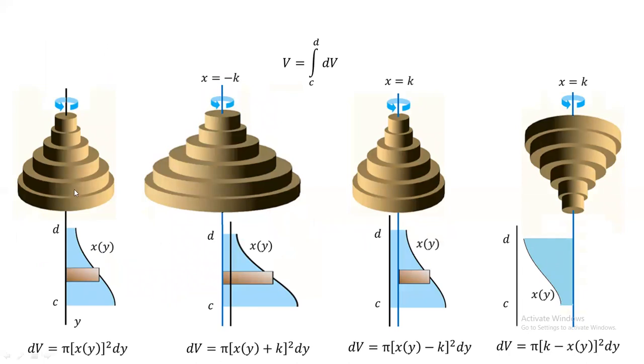Now, in here, you will be rotating your differential area on a vertical axis. So this time, the thickness of your differential area is dy. Your limit of integration would be from C to D, because these are the boundaries of this blue shaded area, the entirety of this blue shaded area.